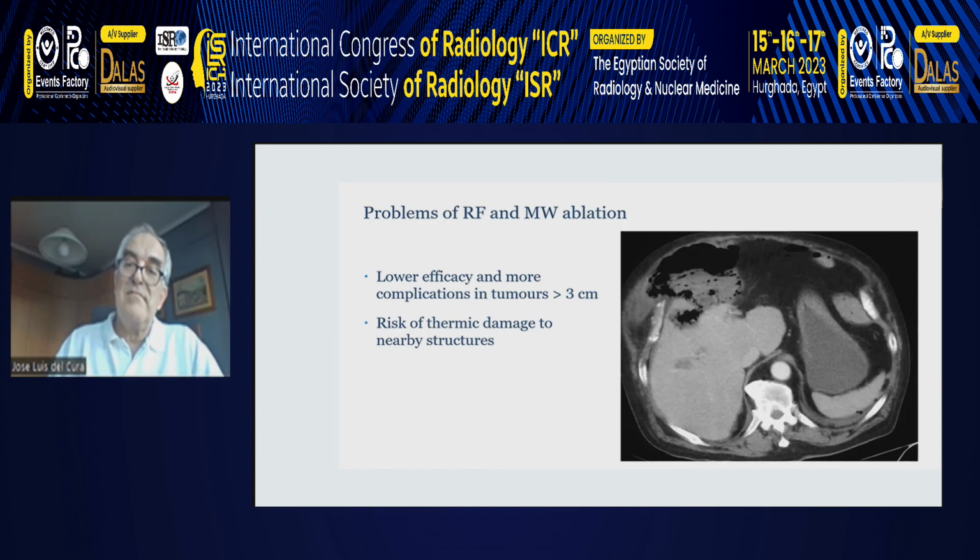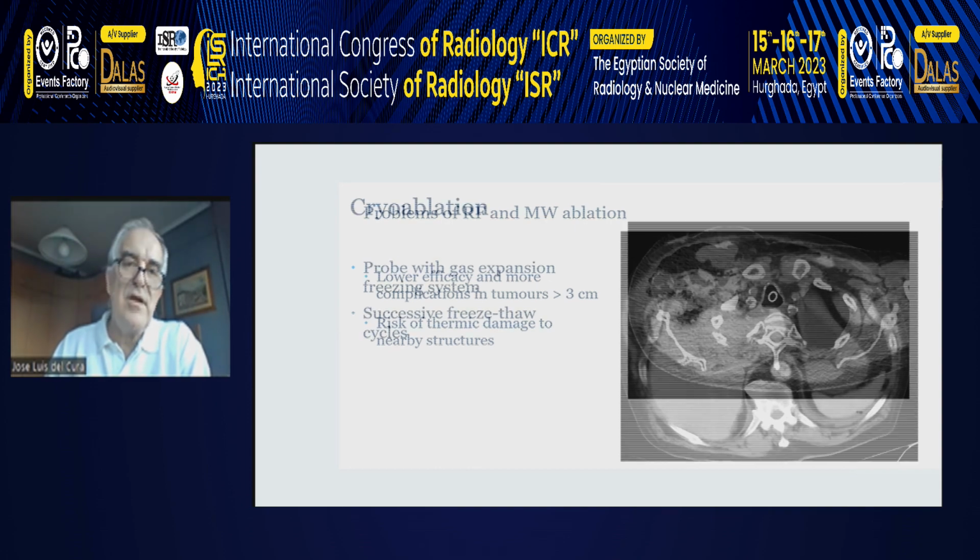The most efficacious effects of these techniques are obtained especially in lesions below 3 centimeters diameter.